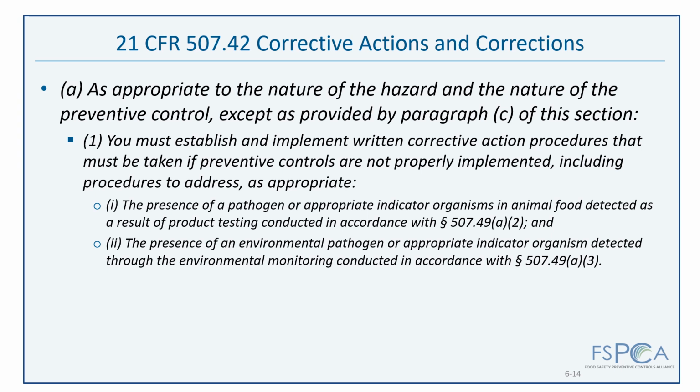So first, part A. As appropriate to the nature of the hazard and the nature of the preventive control, except as provided by paragraph C of this section, you must establish and implement written corrective action procedures that must be taken if preventive controls are not properly implemented, including procedures to address, as appropriate, the presence of a pathogen or appropriate indicator organism in animal food detected as a result of product testing conducted in accordance with 507.49, and the presence of an environmental pathogen or appropriate indicator organism detected through the environmental monitoring conducted in accordance with 507.49.